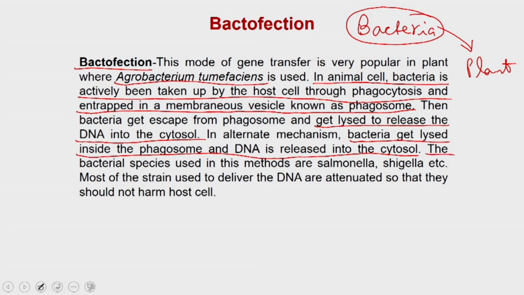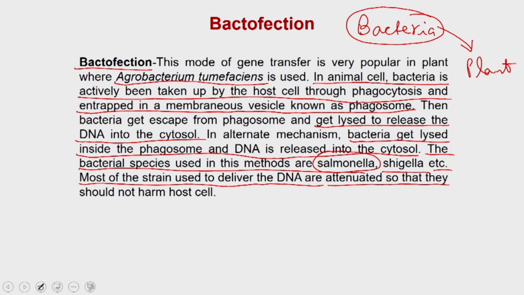The bacterial species you use for mammalian cells are Salmonella, Shigella, and some other species. Most of the bacterial strains you use to deliver the DNA are infectious bacteria, for example Salmonella or Shigella.